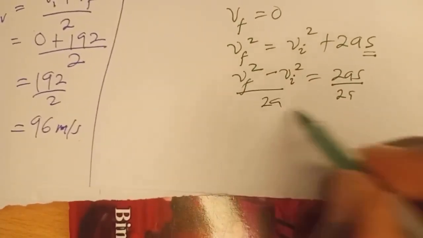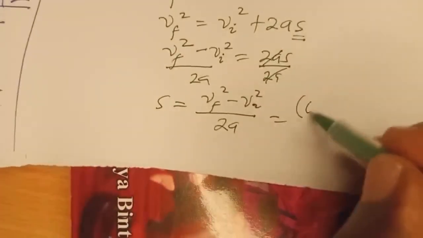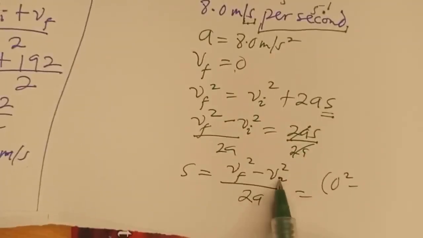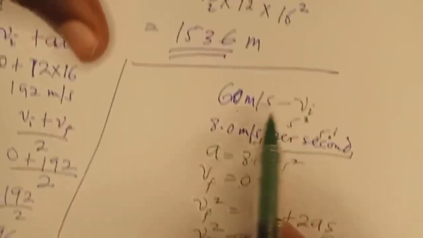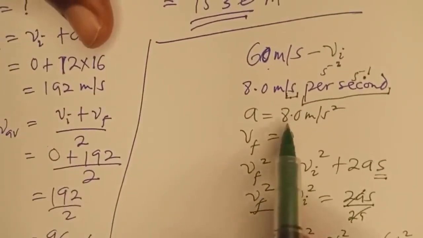Here 2a divided by 2a cancels, and my s is equal to v final squared minus v initial squared divided by 2a, and this is equal to, open bracket, my v final is 0, so I have 0 squared minus my v initial, which was 60, so I have 60 squared, close bracket, divided by 2 into my a.